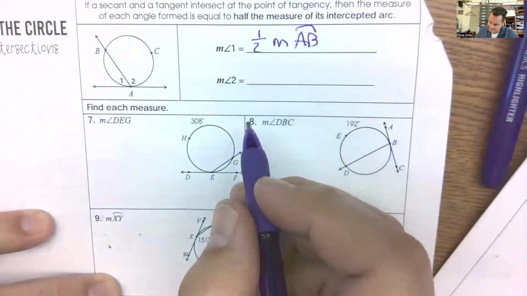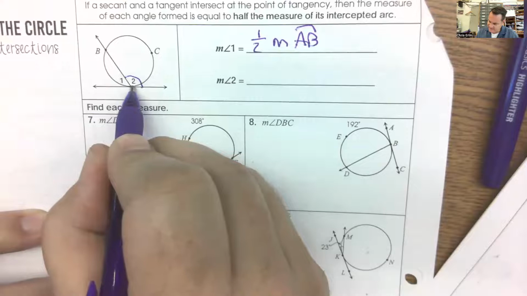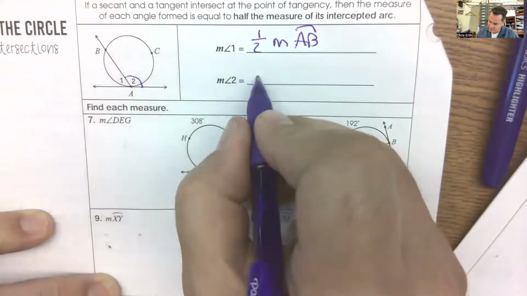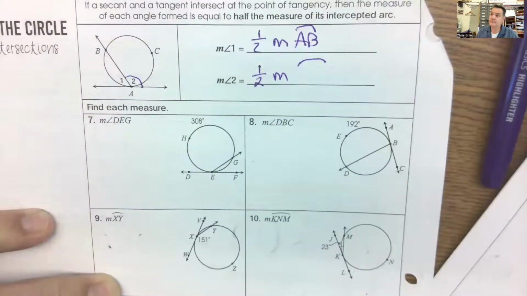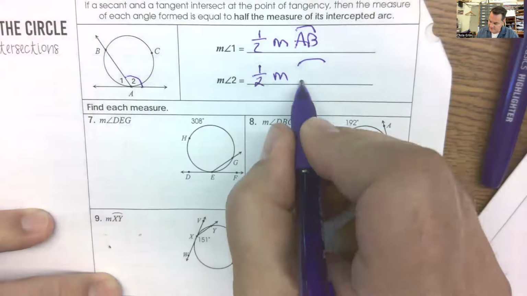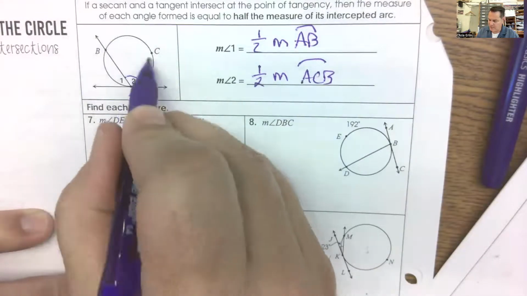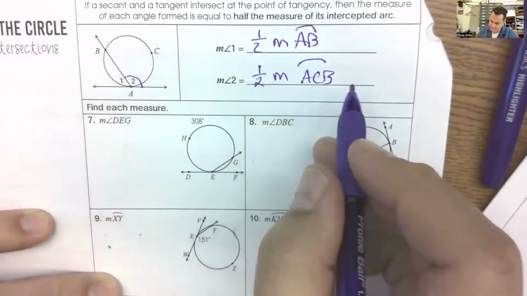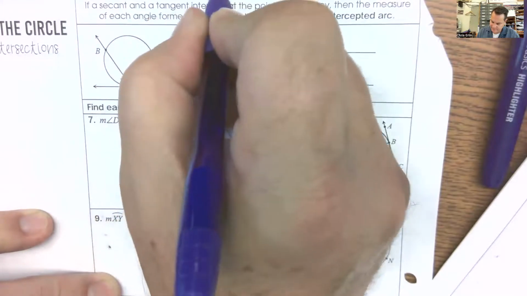Half measure of AB. And then angle 2 here is an extreme inscribed angle to what arc? ACB, really good. You recognize that this is a major arc, and therefore it requires 3 letters, not just 2. And again, I call this the extreme inscribed angle. I think it's helpful.